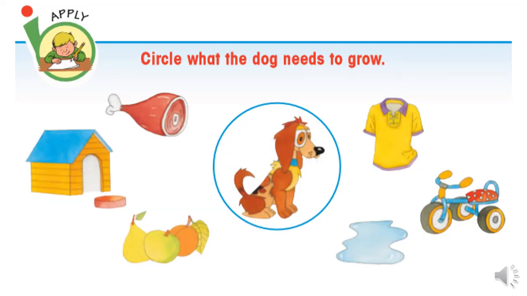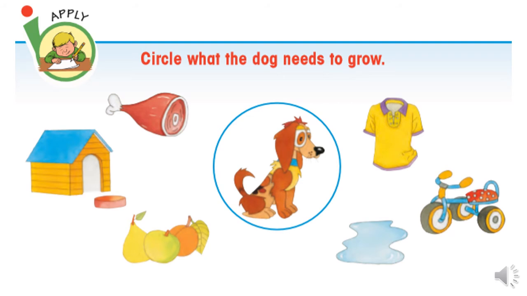Now guys, we have to circle what the dog needs to grow. This is the exercise in your book, page 93. You have to circle what the dog needs to grow. A dog is an animal, and we have already finished what the animals need in order to grow.